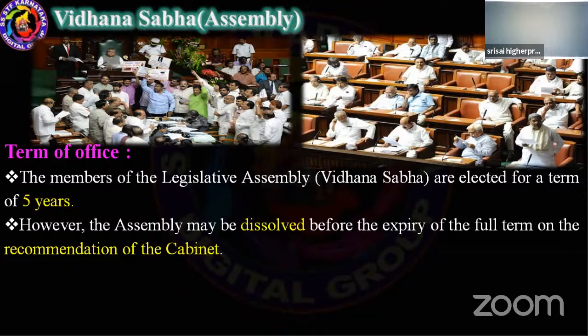Then, before the completion of the 5 years, they have to conduct another election. In that election, if they get the magic number, they will form the government.